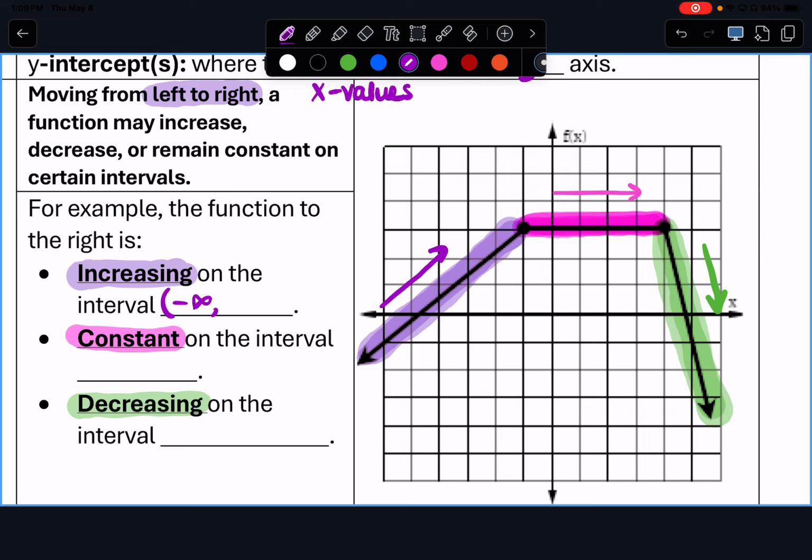What's the x value right there? It's not 0. Oh, I meant -1. Okay. So we're going from negative infinity to -1. That is the section that is increasing. We are just putting the x values where it's increasing. Okay.